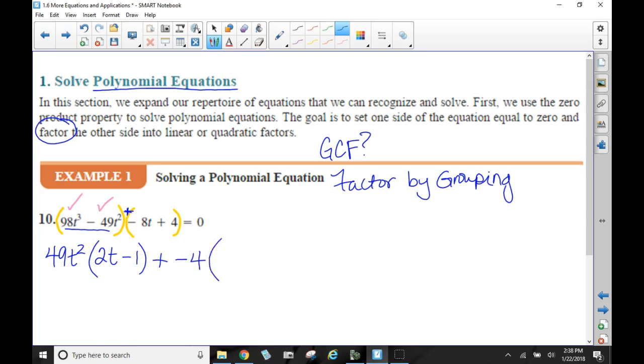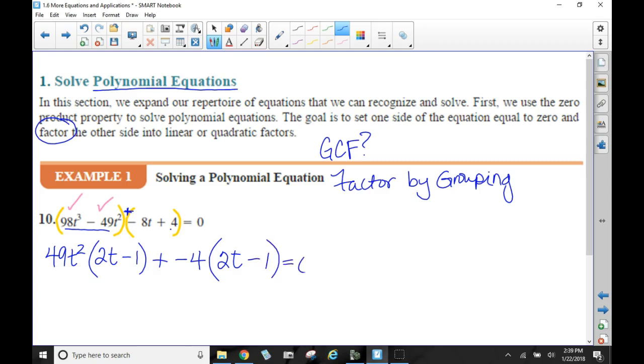And here's the whole reason. Because when I write the leftovers, it's going to be the same thing as the leftovers in the first group. So if I pull out a negative 4 from the negative 8t, I have a positive 2t left. Verify that by multiplying. When I pull a negative 4 from the positive 4, I have a minus 1.